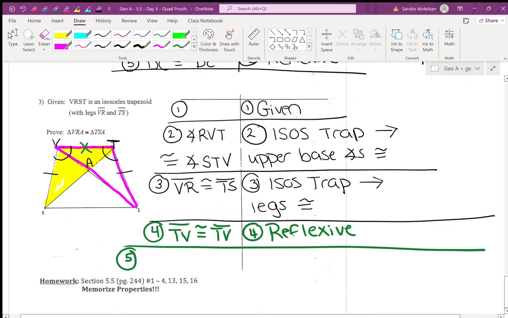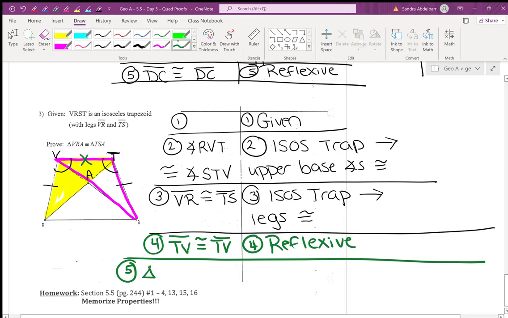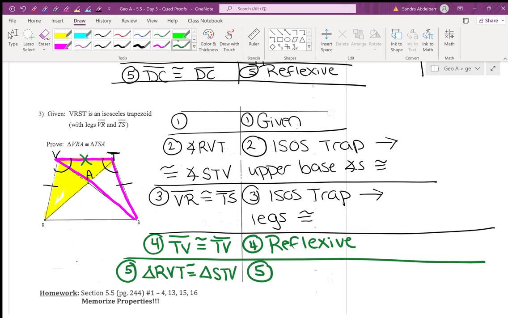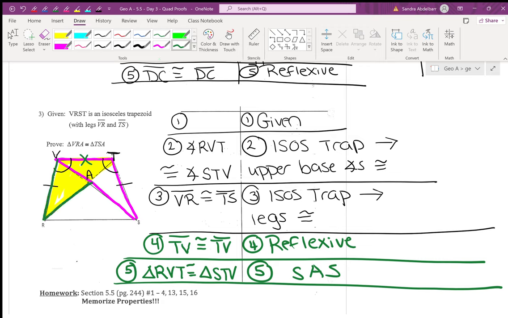And so now I can say triangle RVT is congruent to triangle STV, side, angle, side. So now I need to CPCTC something from the yellow and purple that is also in the green.